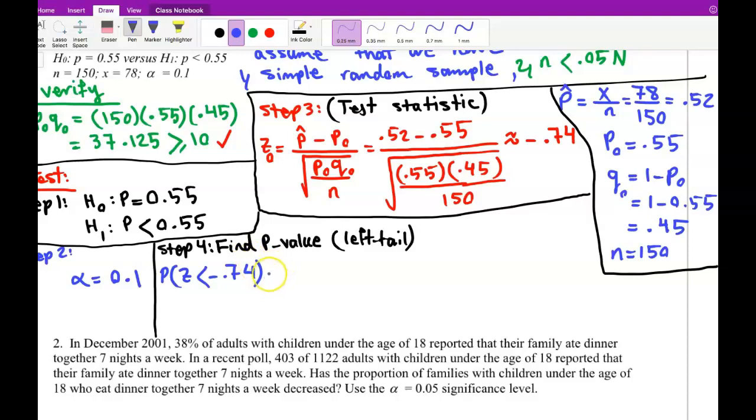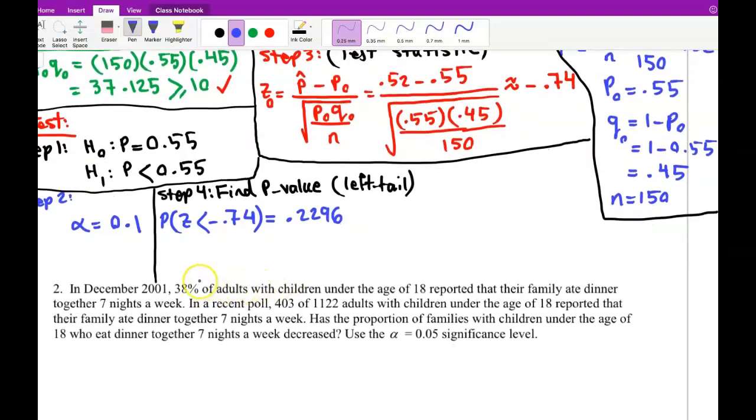Using the table, this is equal to 0.2296. So if I draw it, this is what we have. z is negative 0.74, and the answer we got is for this part. So the area or probability is equal to 0.2296.